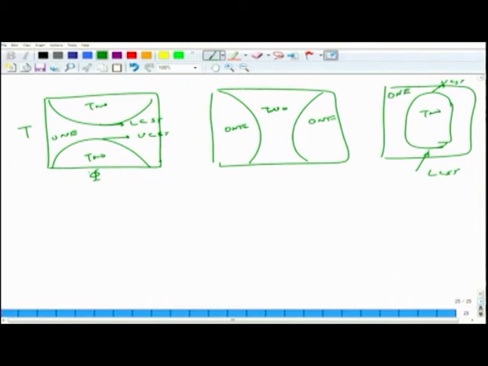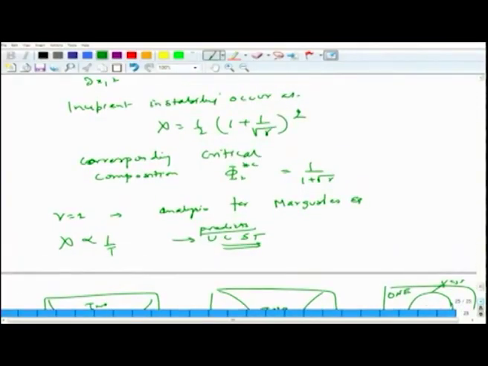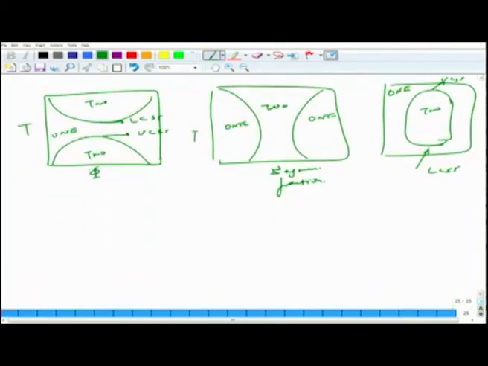Again this is T versus solvent or segment fraction. These are cases for binary polymer solutions, and for such a scenario the Flory-Huggins theory does not work very well, because it is associated with only the upper critical solution temperature.